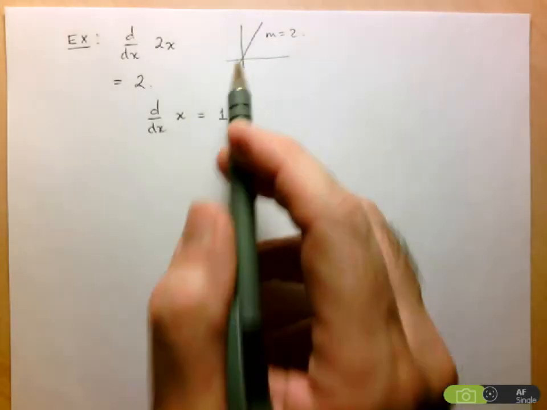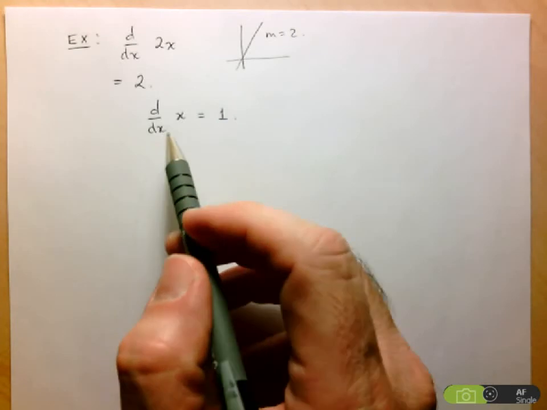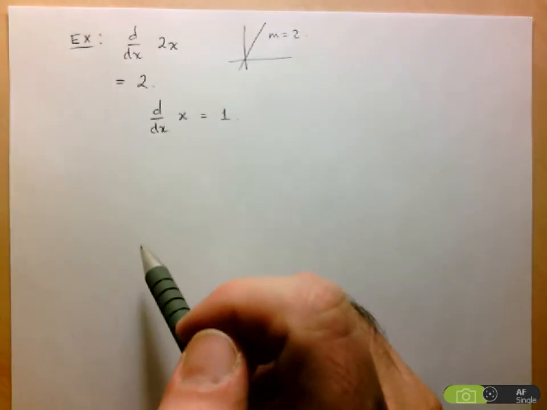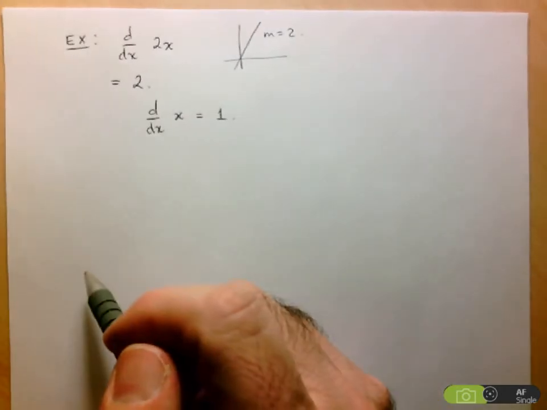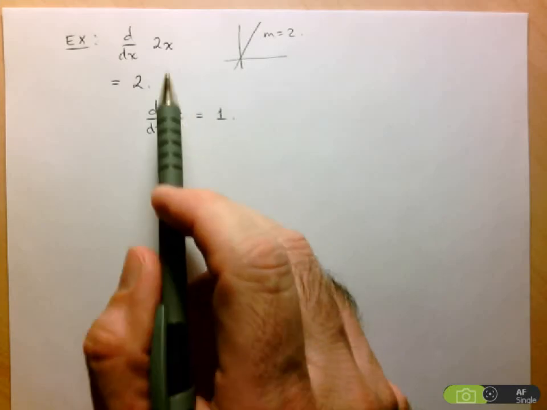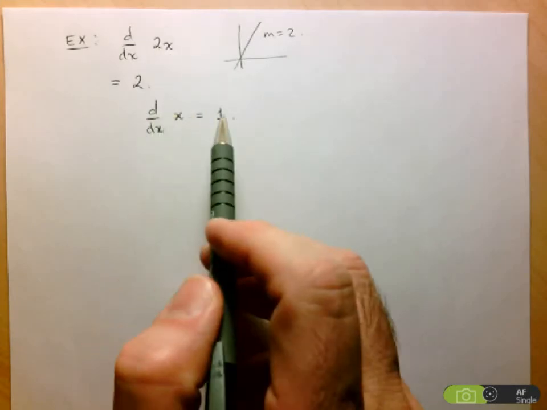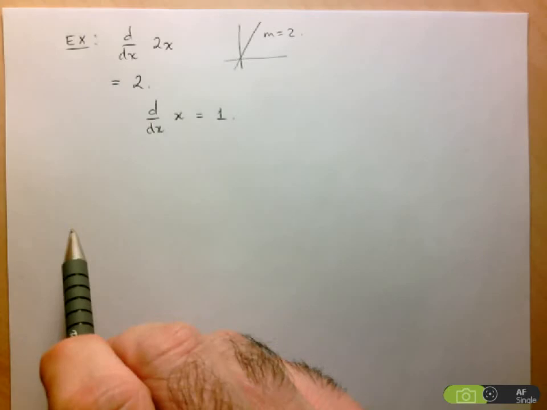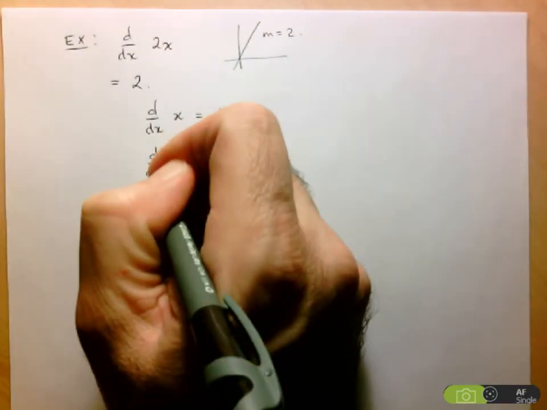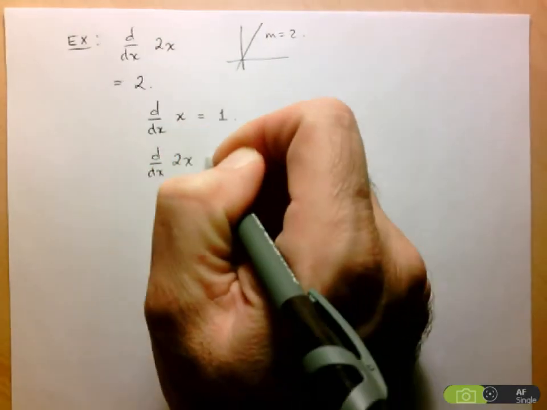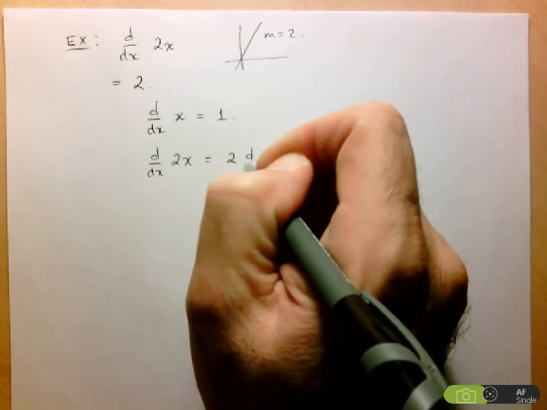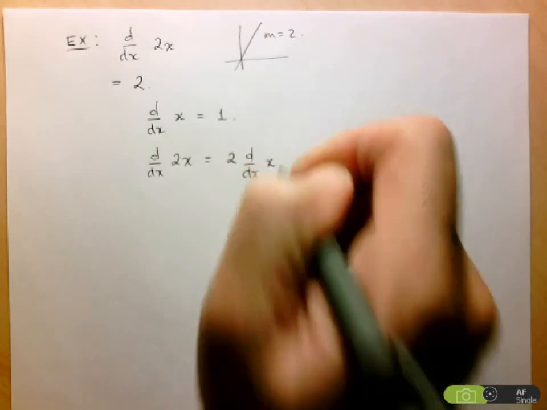Of course, intuitively, we can also see that this is the case because this is just a line of constant rate of change 1. And I notice here that the derivative of 2x is just twice that amount. So it looks like the derivative of 2x is equal to 2 times the derivative of x.